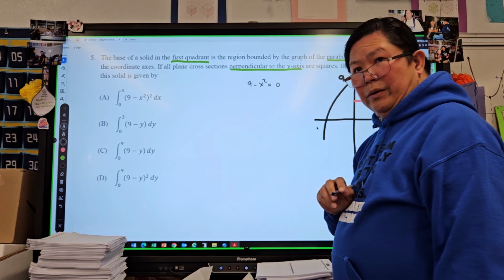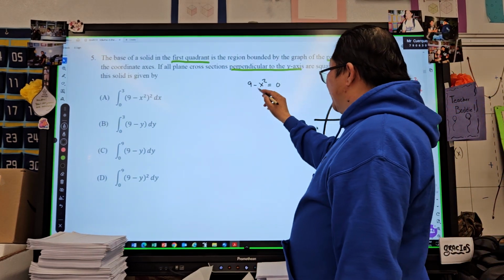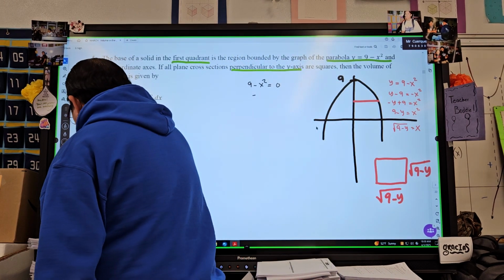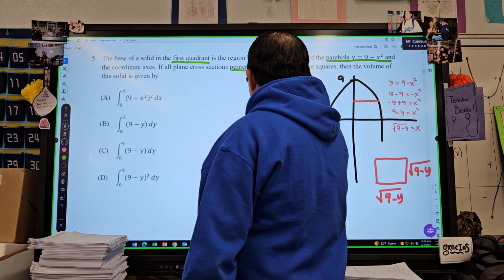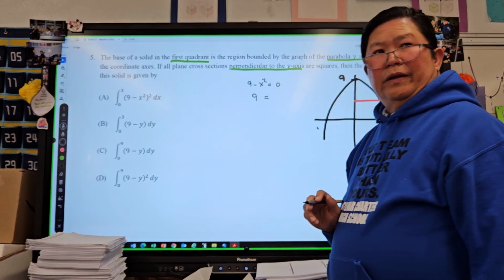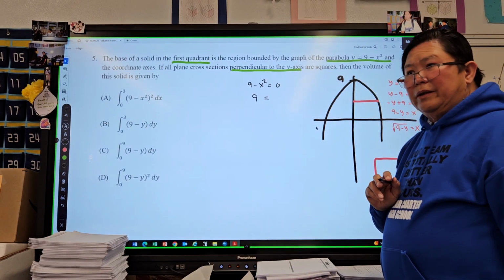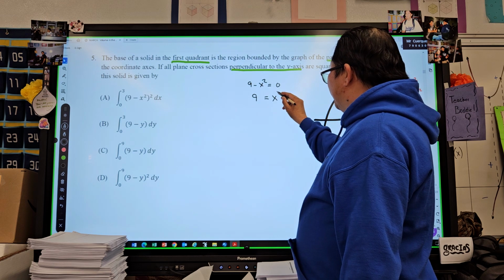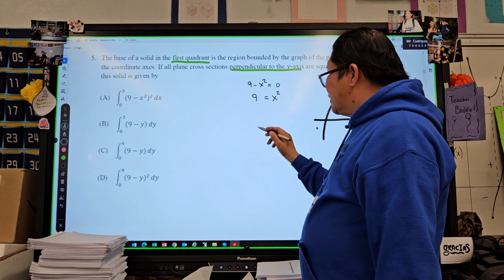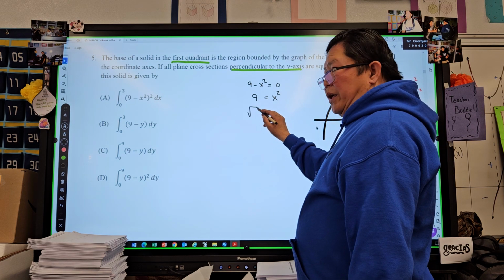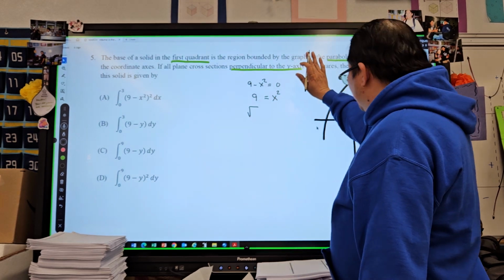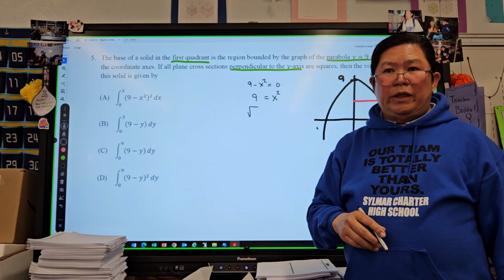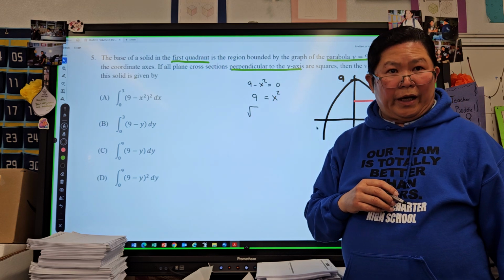Equate the y to 0. So 9, and then add both sides by negative x squared, and this becomes positive x squared. And then take the square root. We only consider the positive value of x.